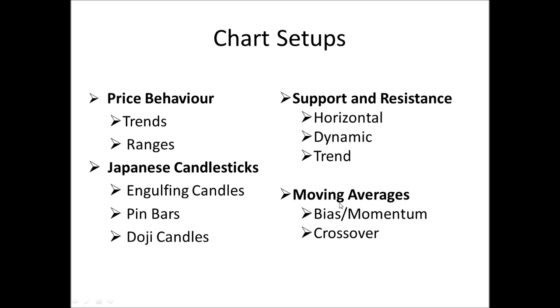I also taught about moving averages and how moving averages can show us the longer term bias or momentum in the financial markets, and also how a moving average crossover works. I have covered a lot in these last 13 videos.